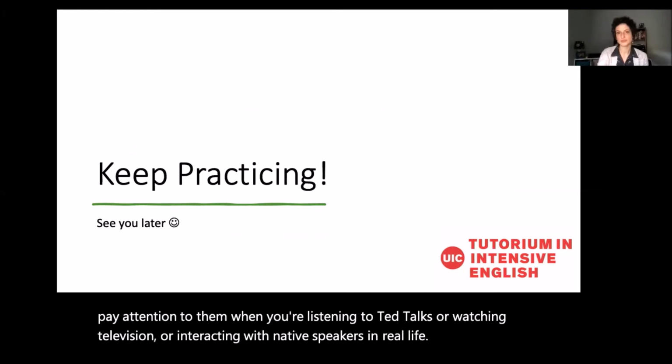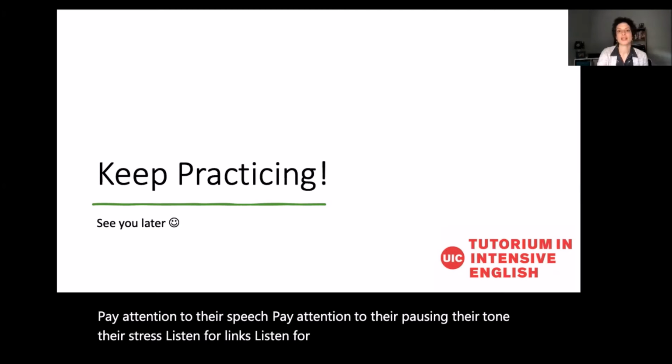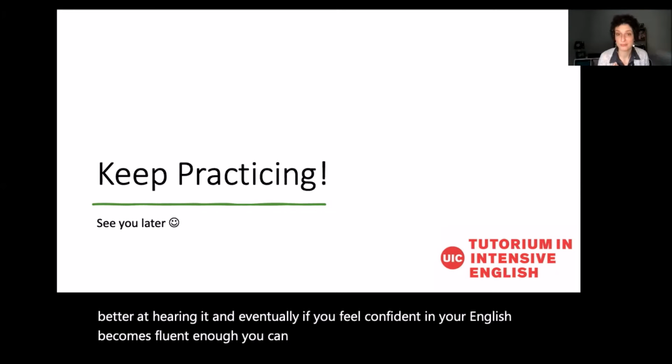Pay attention to their speech. Pay attention to their pausing, their tone, their stress. Listen for links, listen for reductions, and your ears will get better at hearing it. And eventually, if you feel confident and your English becomes fluent enough, you can start to try to incorporate some of it into your speaking as well.